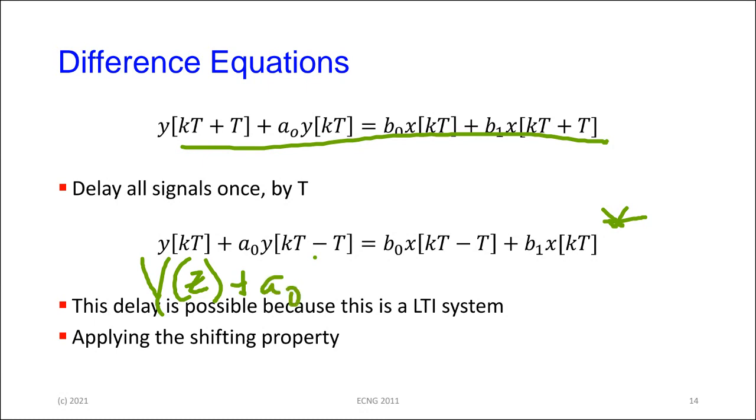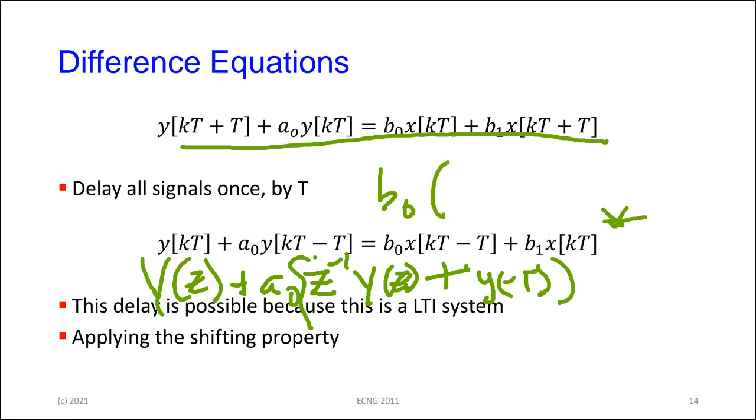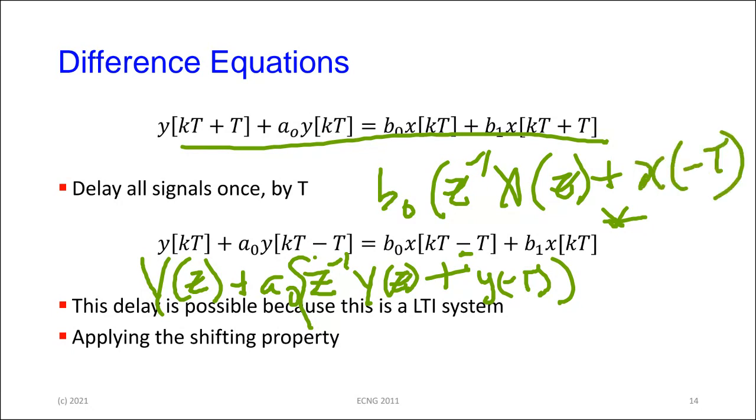This has been delayed by 1, so everything inside here is going to be z^-1 Y(z) plus, because it's delayed by 1, you're going to have a y(-T) in here. And then you do the same thing. This is B0, it's z^-1 because delayed by 1, X(z) plus, because it's delayed, you have to bring in the x(-T) here. And then B1 X(z).